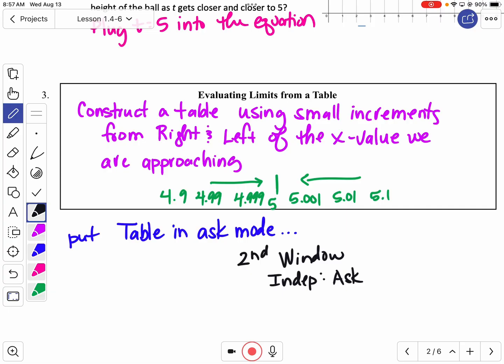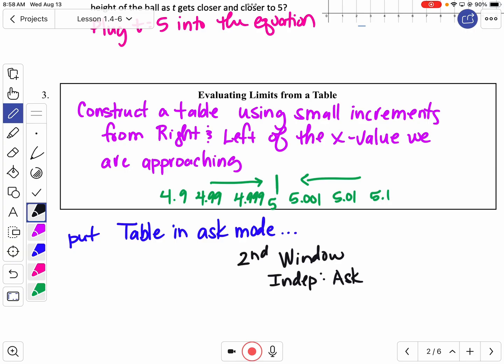What's going to happen is you're going to input the x value you want, and it will give you the y value you're looking for. Just remember to take it back out of that if you ever want a full table. So second window, the independent variable, we're going to switch to ask. I think it says automatic and then ask.